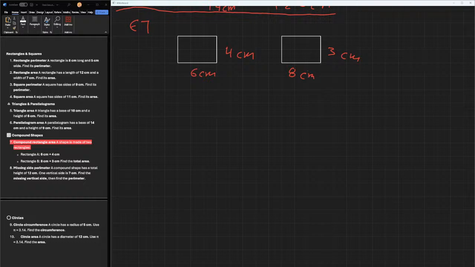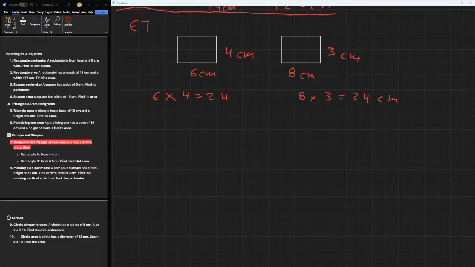Find the total area. So first we multiply this one, and then we multiply this one, and then we add together. 6 times 4 is 24, and then 8 times 3 is 24 centimeter.